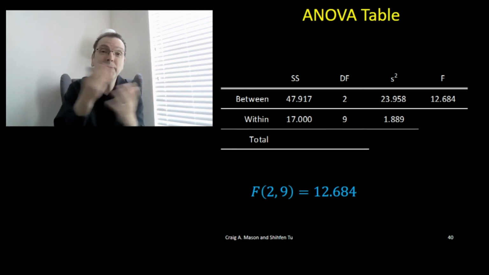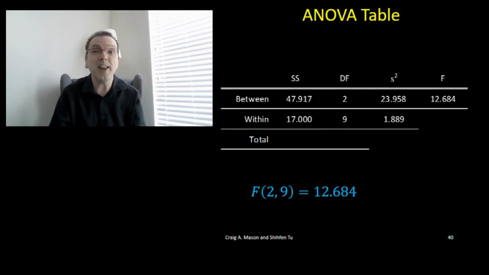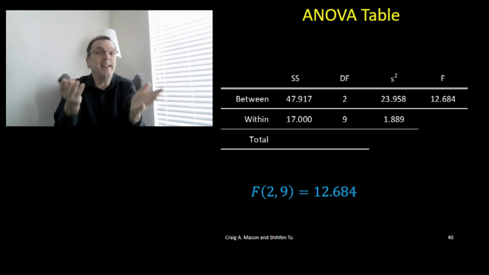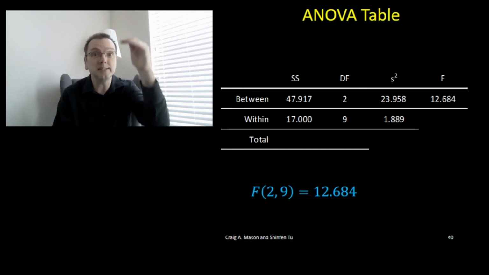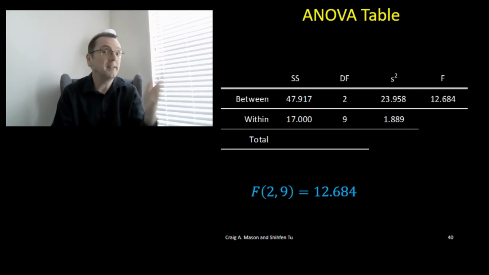Also, while we're here, let's just enter the last cells for our ANOVA table, and these are pretty easy. Okay, first, the total sum of squares is just the sum of squares between plus the sum of squares within, which works out to be 64.917.